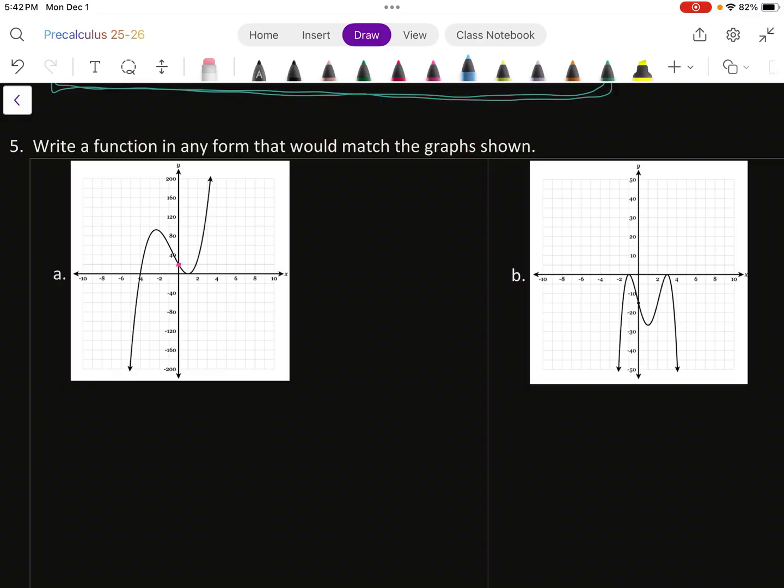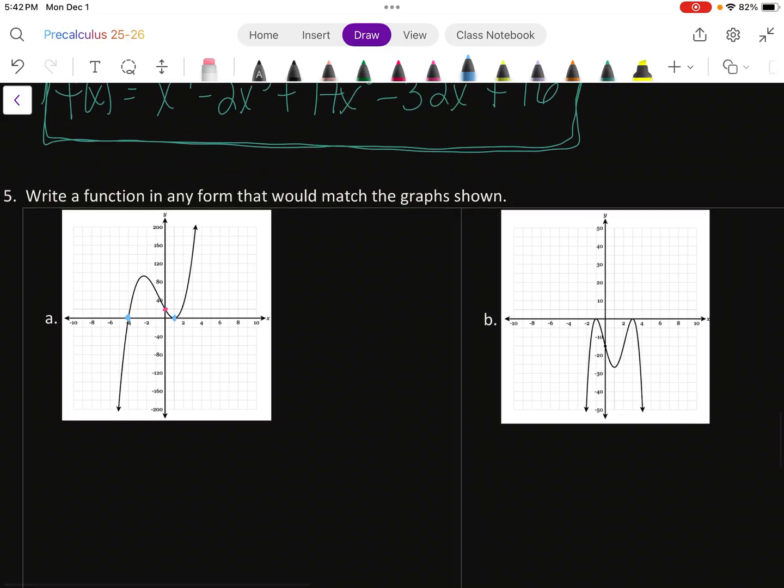So the last time we started these, we started with the zeros. So what are our zeros? And this says write it in any form, so factored form's been great. And let me just start by saying the form that I'm looking for is I need to find this a. This a is some scalar multiple, like a shrink or a stretch, that will make this graph look as is.